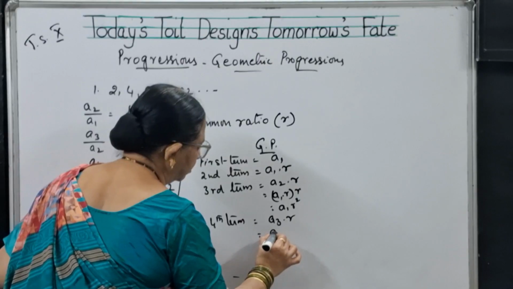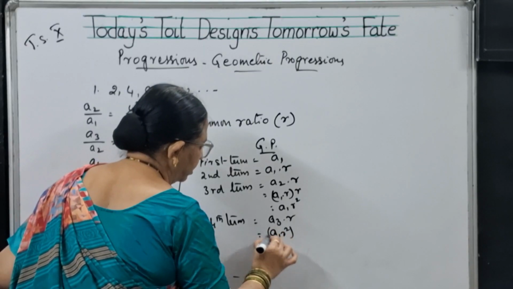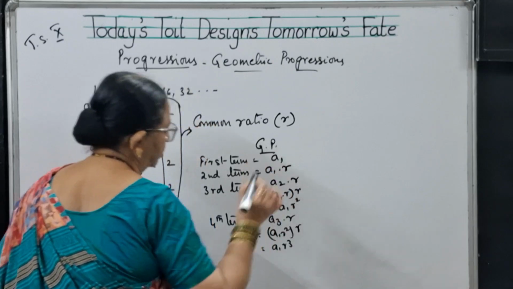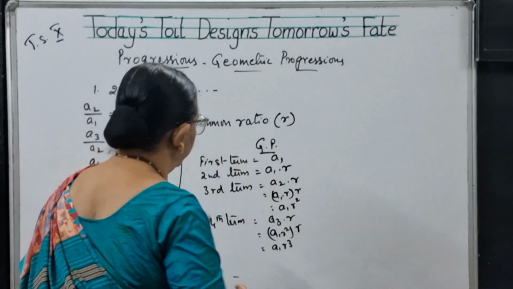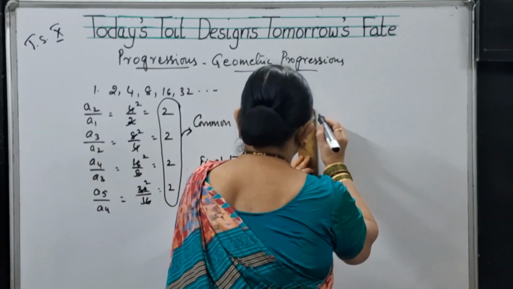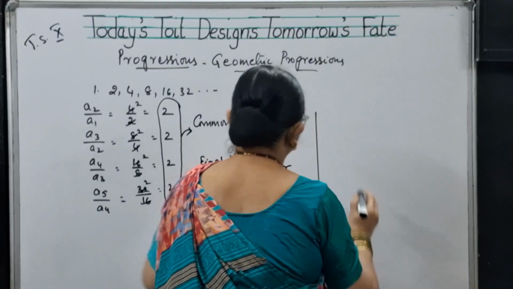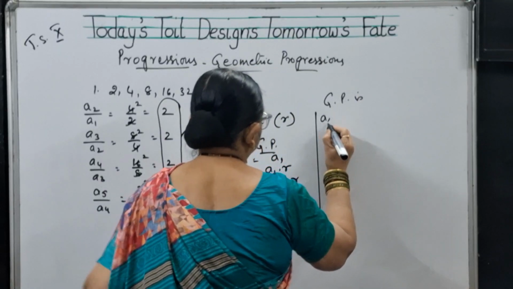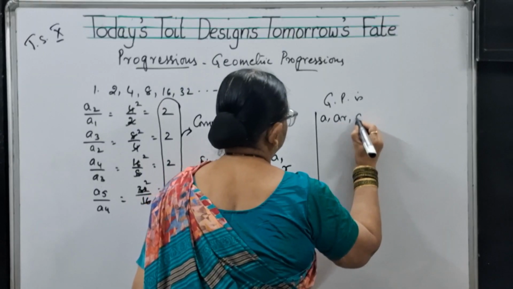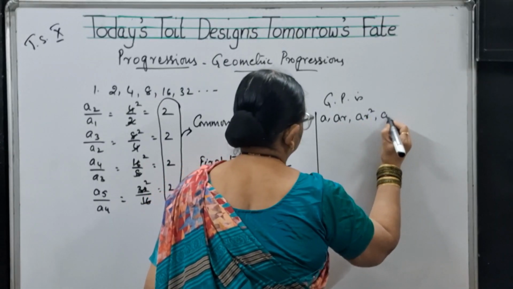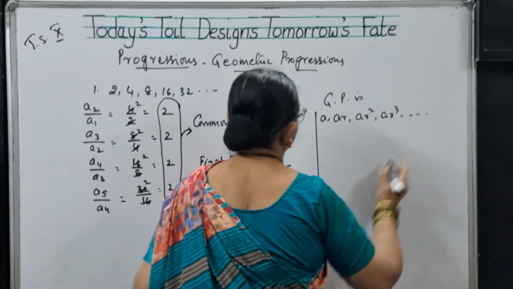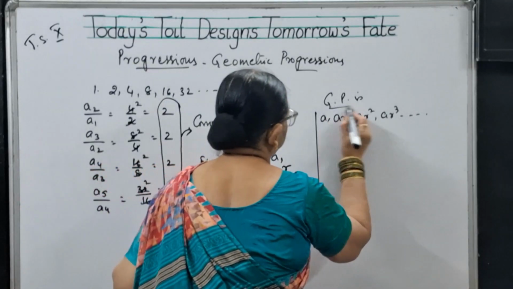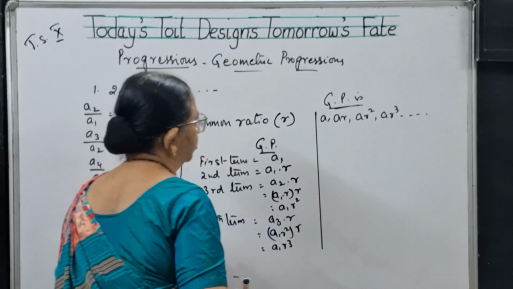What is the third term? A1 r square. Multiplied by another r, you are getting A1 r cube. So, the general form of a geometric progression, GP, we will be writing as A, Ar, Ar square, Ar cube. It goes on like that.